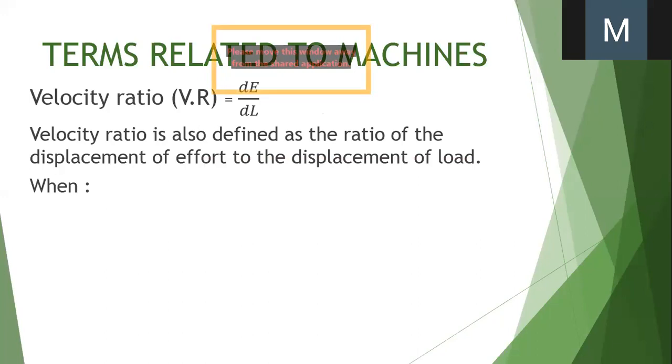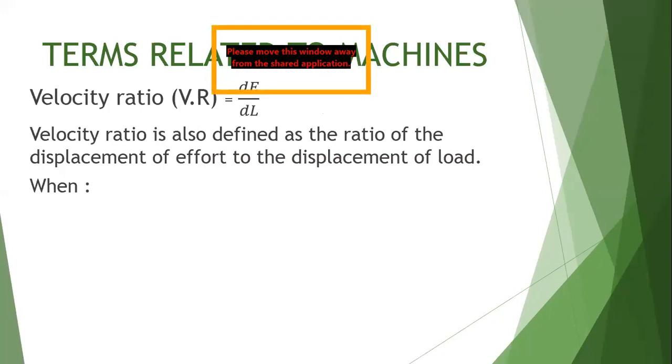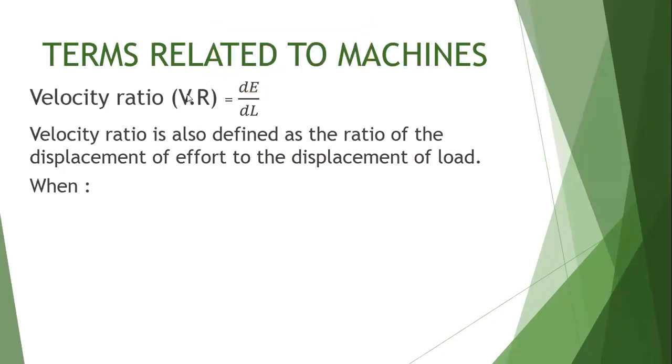But again, the question comes, sir, what does velocity ratio help us to find out? Velocity ratio helps us to find out whether my machine is a force multiplier, or is it a gain in speed, or is it only used to change the direction of effort. So we use velocity ratio to figure out what our machine actually is.